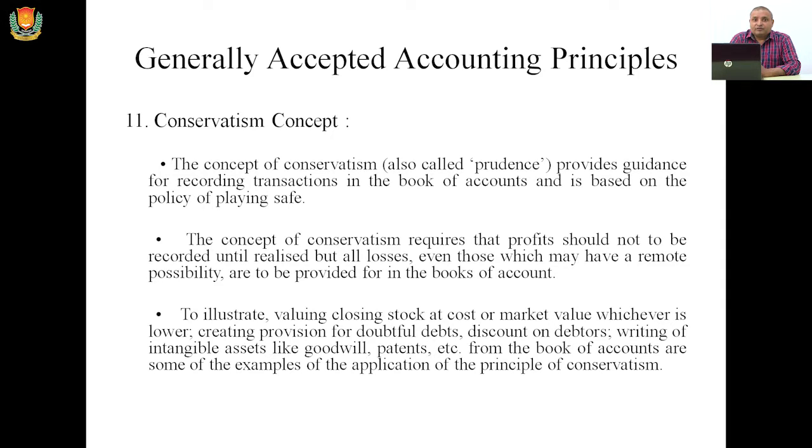This cannot be reduced till the final accounts. But if there are chances of escaping the payment by any debtor, we will make proper provision in the books of accounts.